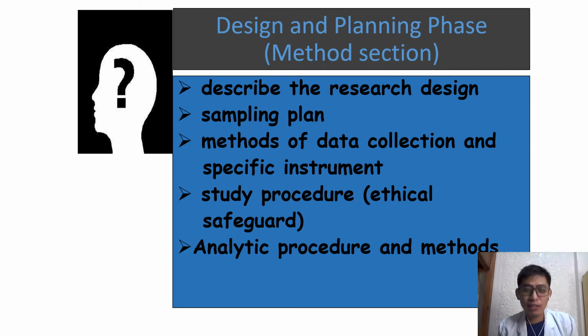Methods of data collection and specific instrument: in quantitative research, it's more on the survey or the questionnaires. And data collection is more on giving of surveys and returning it to the researcher for tabulation and analysis.